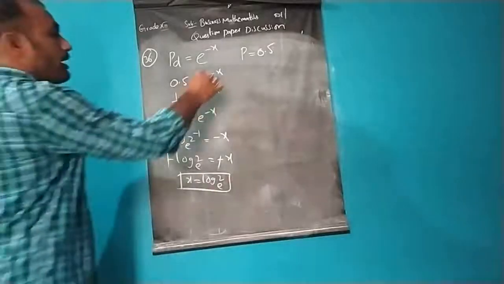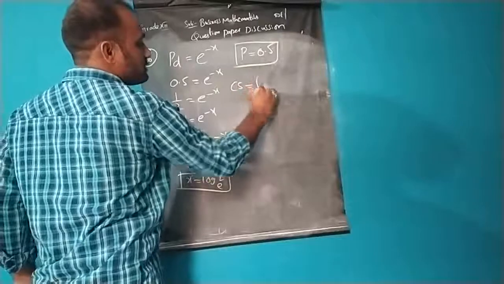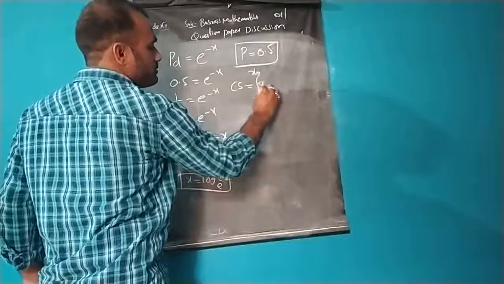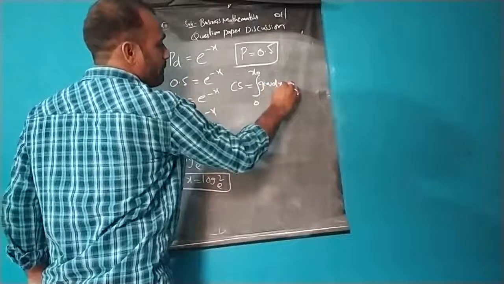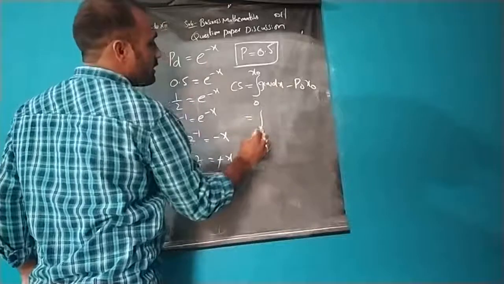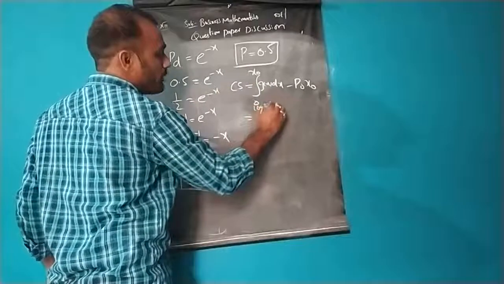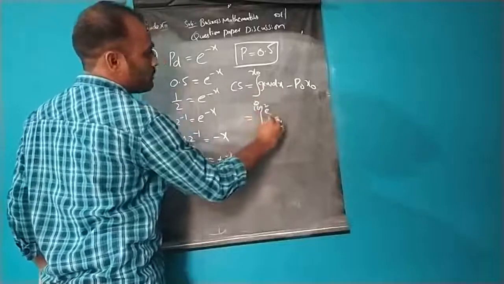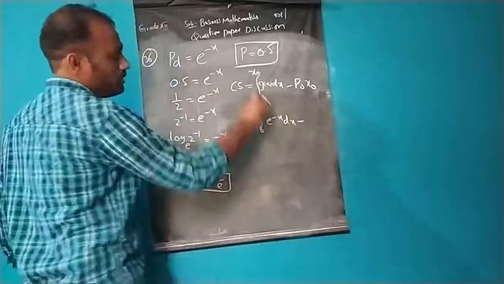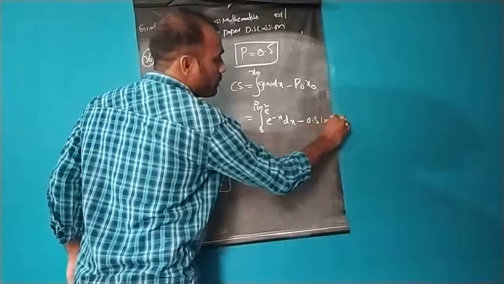We have the p value and x value. Now we can find the consumer surplus, that is integral 0 to x naught g of x dx minus p naught x naught. That is integral 0 to x naught, where x naught is log 2 to the base e, g of x, that is e power minus x dx, minus p naught, 0.5, times log 2 to the base e.